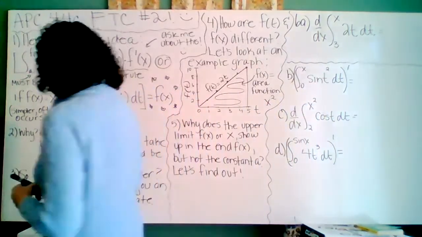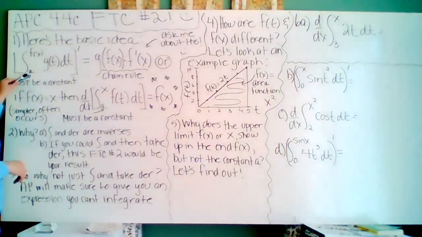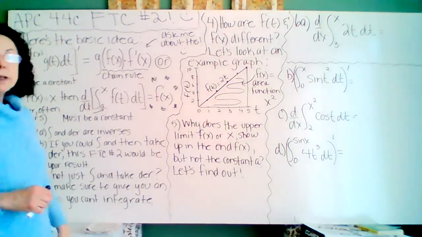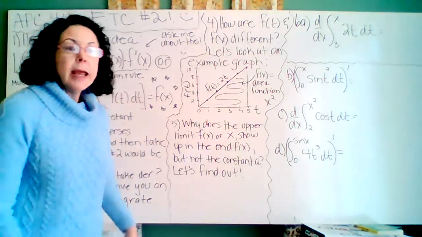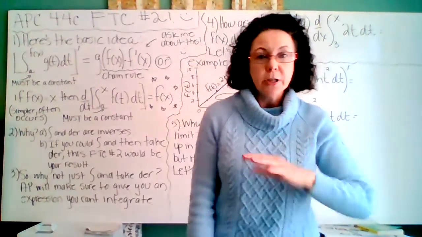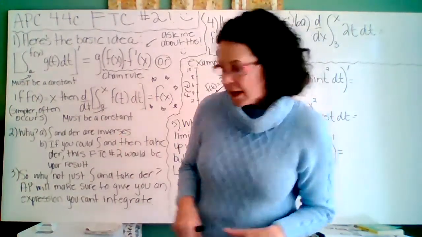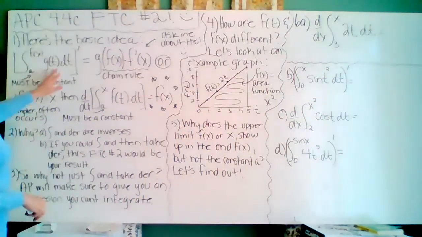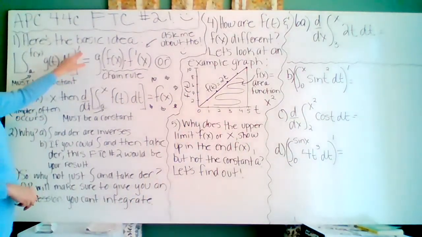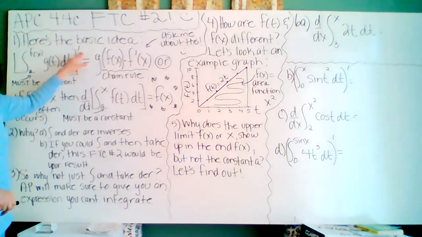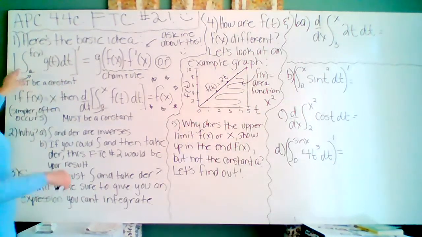Okay, so if the lower limit is a constant and the upper limit is a function, now, it could be with the x input. It could be a super easy function. It could just be x. Then if you have this integral and you are taking the derivative of it, you know that they are inverses.